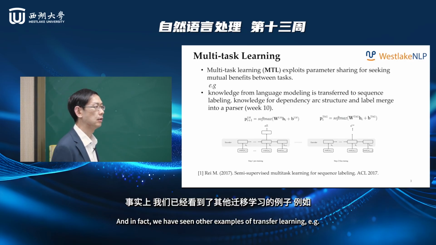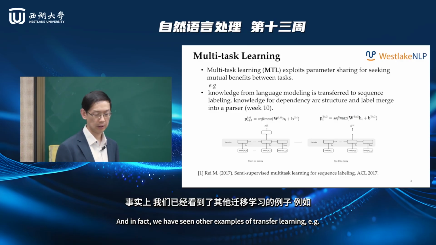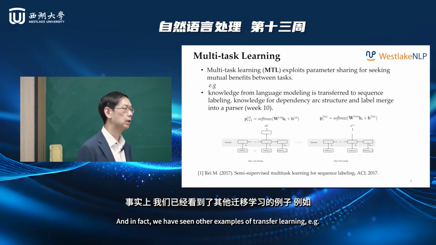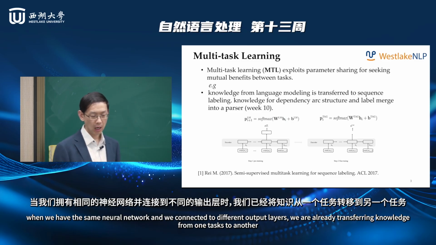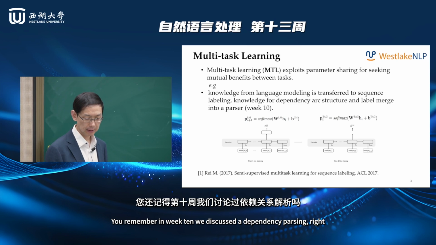In fact, we have seen other examples of transfer learning. For example, when we have the same neural network and we connect it to different output layers, we are already transferring knowledge from one task to another. You remember in week 10, we discussed dependency parsing.